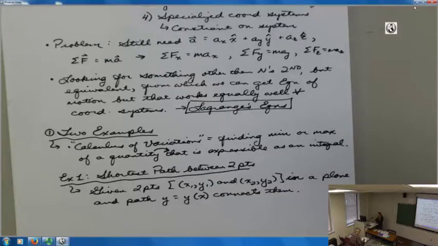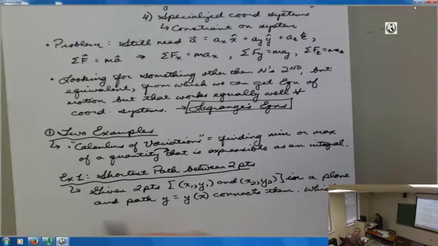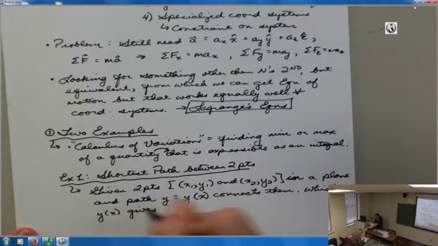So which function, y of x, will minimize the path? Which y of x is the shortest path?